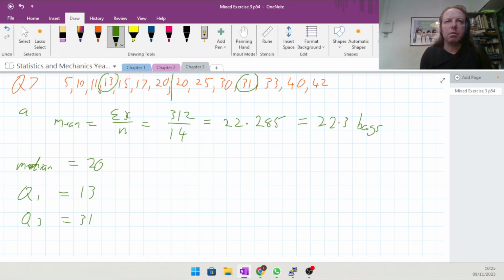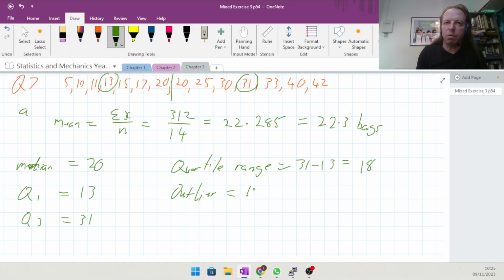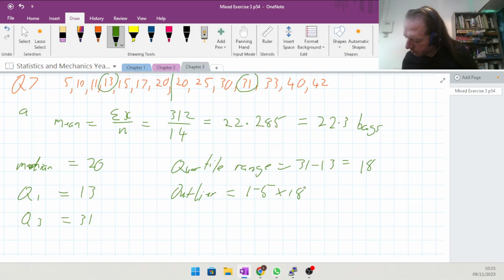So the interquartile range is 31 take away 13, which is 18, and so an outlier is 1.5 times 18, which is 27.